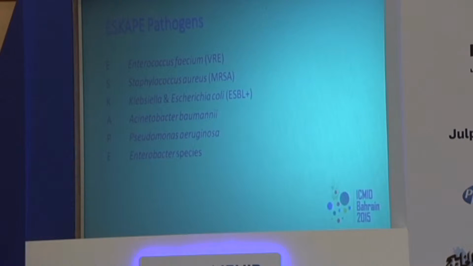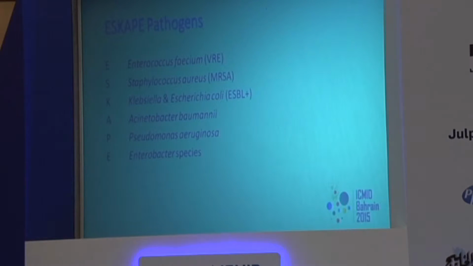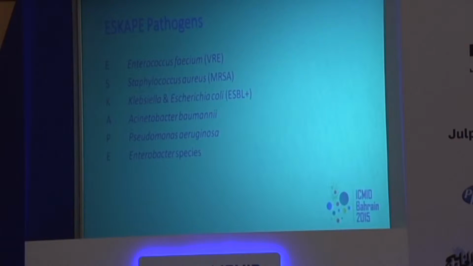This happened to be the first slide being introduced to you this early morning in the very first talk, and it has been shown to you many times, and I cannot promise that it's going to be the last time this slide is going to be shown to you. There is more to come about it. So this represents the resistant pathogens that are frequently encountered in nosocomial settings and mainly in ICU: Enterococcus faecium or VRE, MRSA, Staph aureus, Klebsiella pneumoniae, and E. coli ESBL producers, MDR Acinetobacter baumannii, and Pseudomonas aeruginosa, as well as Enterobacter species, and you may add C. diff to that too.